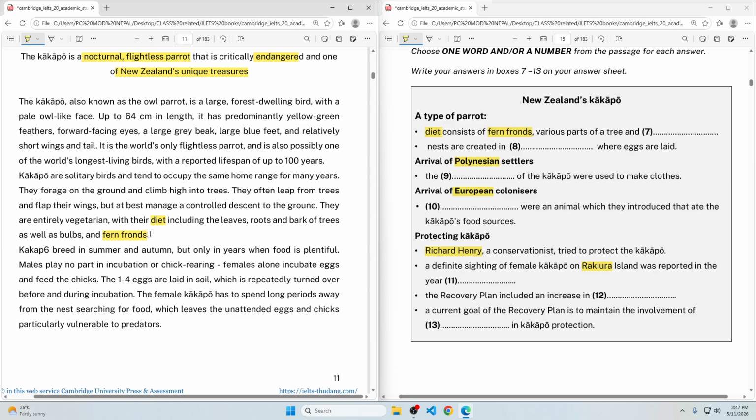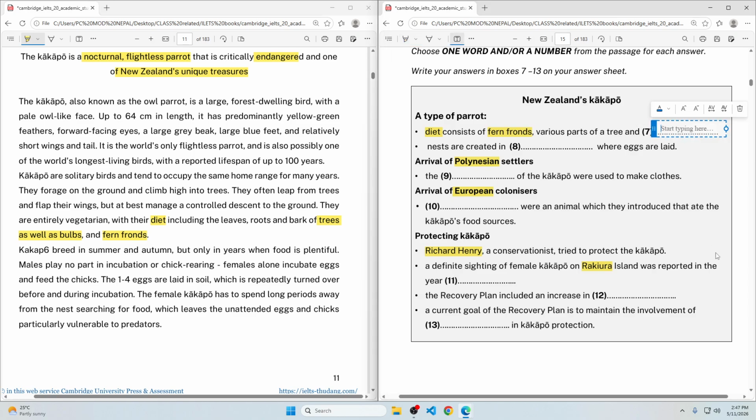Let's look at this. Diet consists of fawn fronts, various parts of a tree and something. So they are various parts of a tree, as well as bulbs.